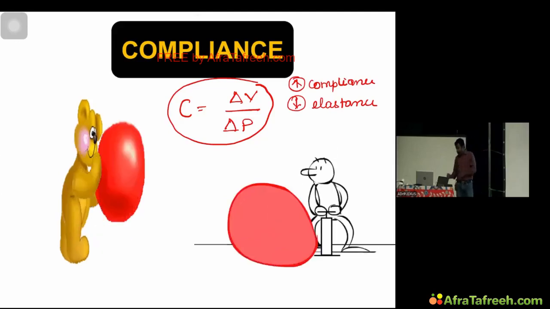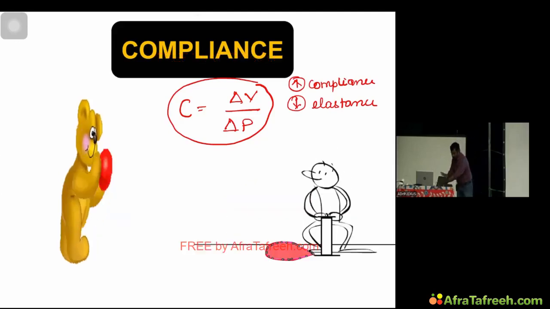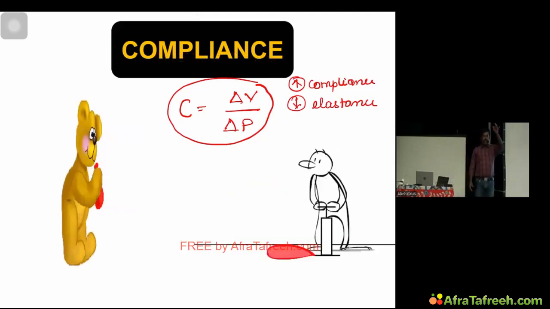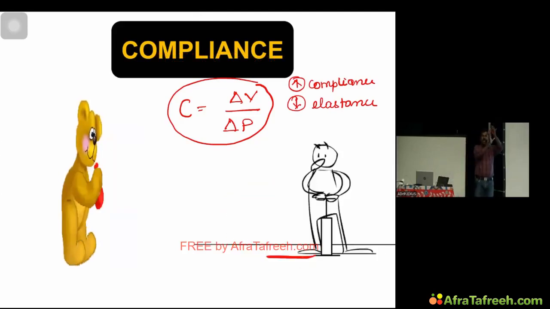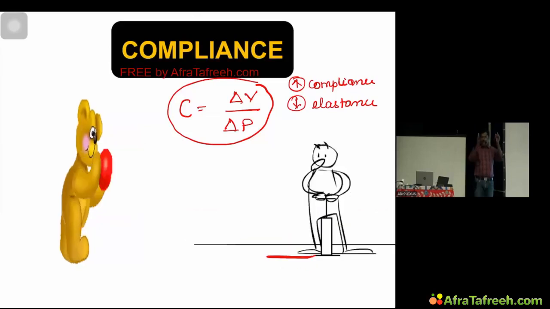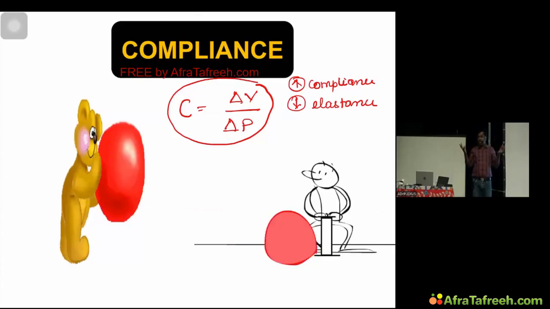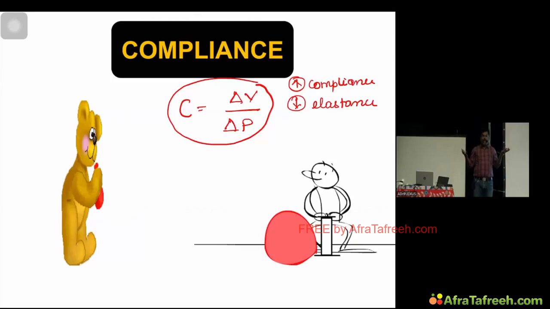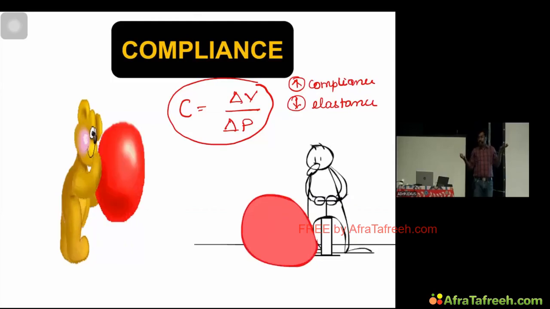Static compliance means, if this is a balloon, I'm going to hold the balloon at this point and see the change in the volume. Whenever the balloon is a hyperinflated balloon, what will be the change in volume? Increased, the volume will be more. In that condition, the compliance will be increased.